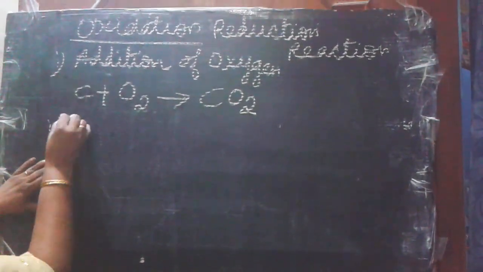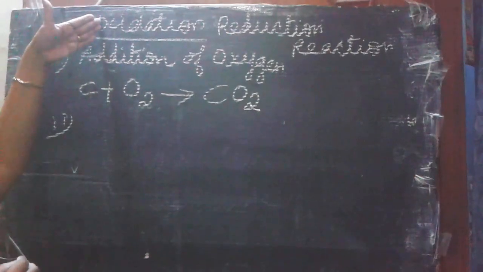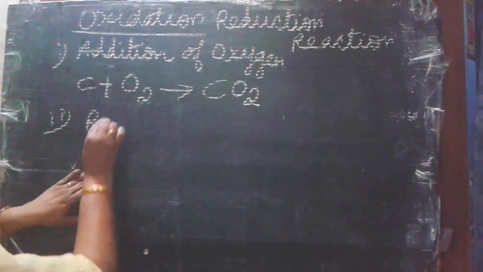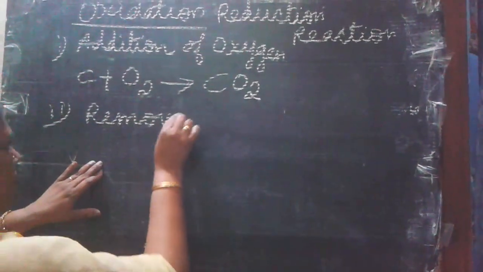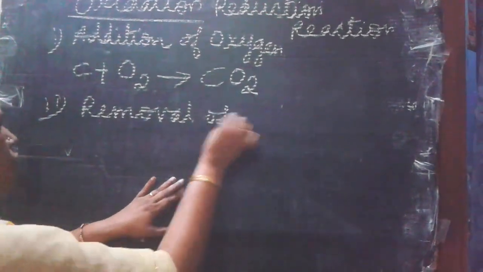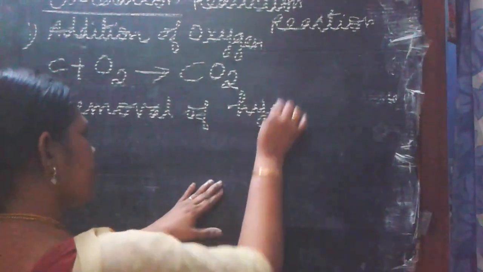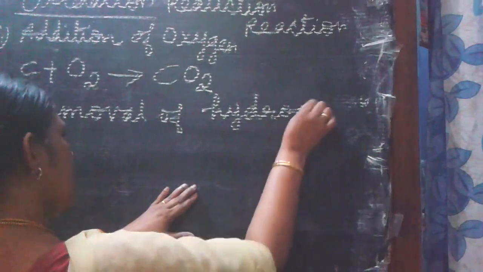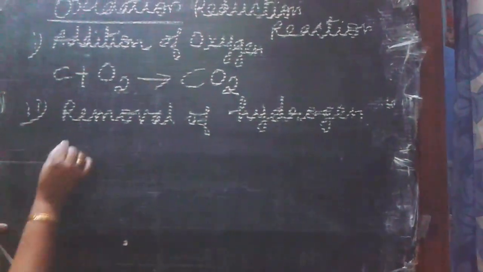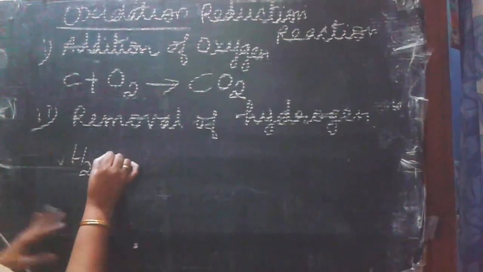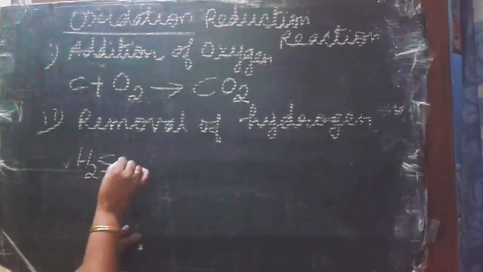In another way, how can you define oxidation? That is removal of hydrogen. That one you can see from hydrogen sulfide and chlorine.